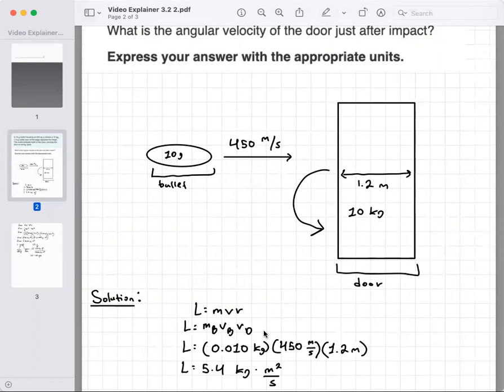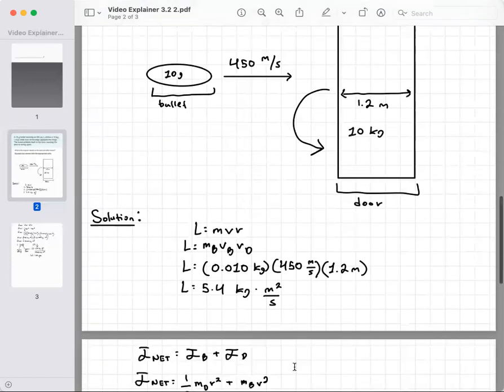So we plug in those variables, we convert grams to kilograms for the mass of the bullet, so we get 0.010 kilograms times 450 meters per second times 1.2 meters for the width of the door, and we get an angular momentum of 5.4 kilograms times meters squared per second.